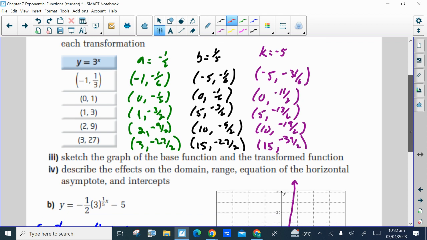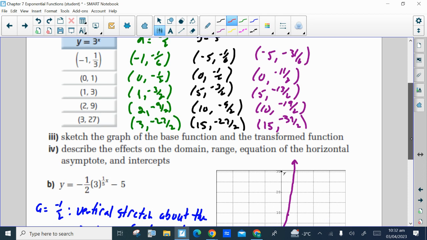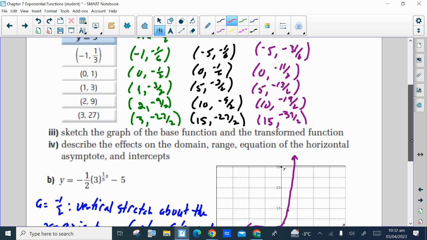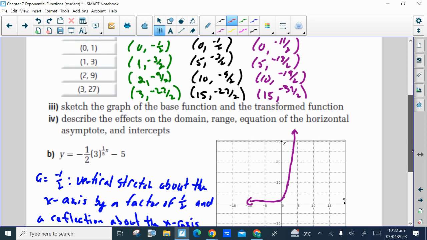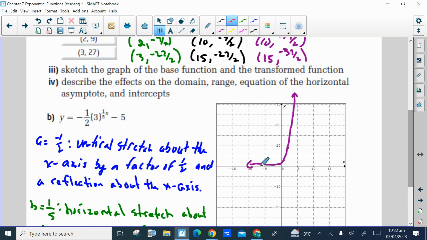So, first point is negative 5 comma negative 5 and 1/6. Right there. The next one is 0 comma negative 5 and a half. Then 5 comma negative 6 and a half. Then 10 comma negative 9 and a half.